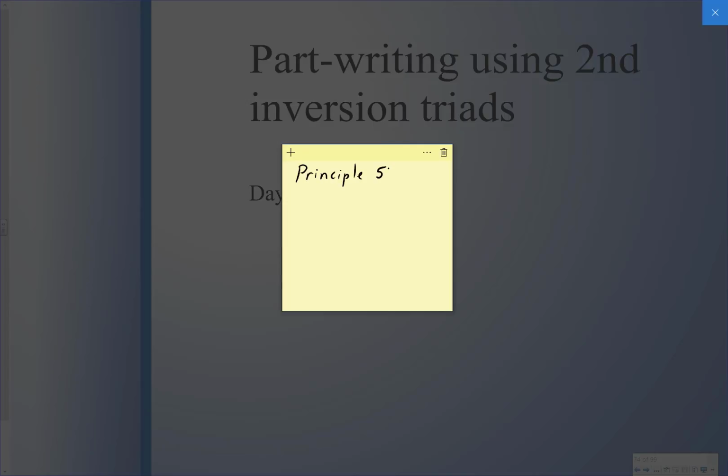This is our fifth principle. When a triad is in second inversion, double the bass.